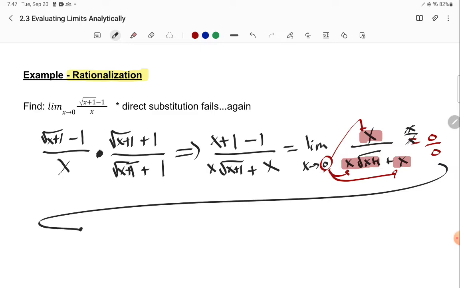Our new function, we're going to write the limit as x approaches 0 of just 1 over the square root of x plus 1 plus 1. Now when we plug that in, you can actually plug it in. You'd have 1 over the square root of 0 plus 1, which is 1, plus 1, or 1/2.